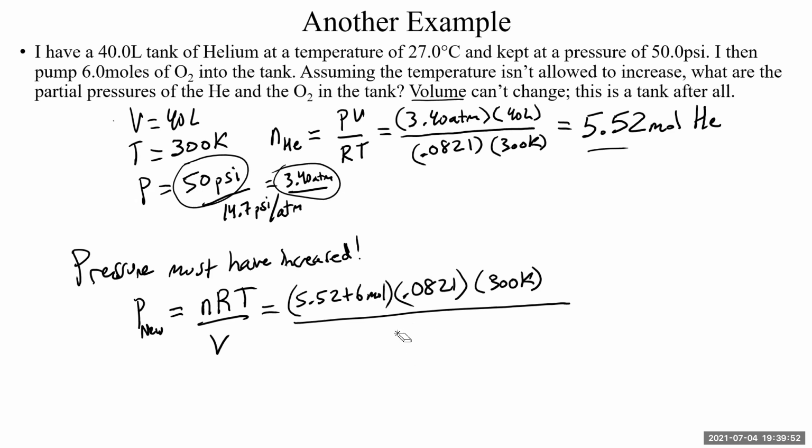Where's my volume? Oh, here it is, 40 liters. I had a hard time finding that. So we have 5.52 plus 6, that's 11.52, times 0.0821, times 300 Kelvin, divided by 40 liters, which gives 7.10 atmospheres.